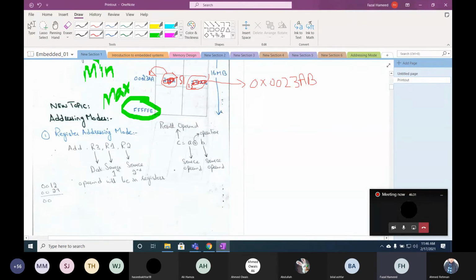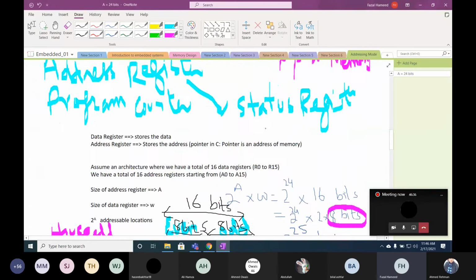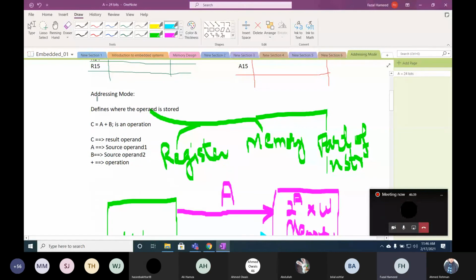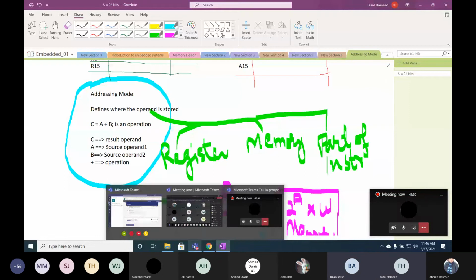So in this addressing mode, अच्छा जब हमने addressing mode की बात की थी, तो addressing mode में हमने क्या कहा था? What is an addressing mode? पहले इसको थोड़ा सा रिविजिट कर लेते हैं. बेटा बताएं. सर जहाँ पर ऑपरेंड स्टोर्ड होता है. Where the operand is stored?